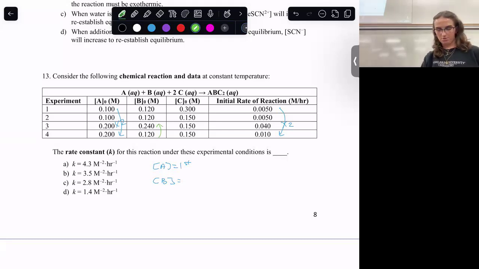That's times 2. What happens to our rate? This is times 4. So if we're going times 2 to times 4, what is our order here? This is second order. And then what about C?